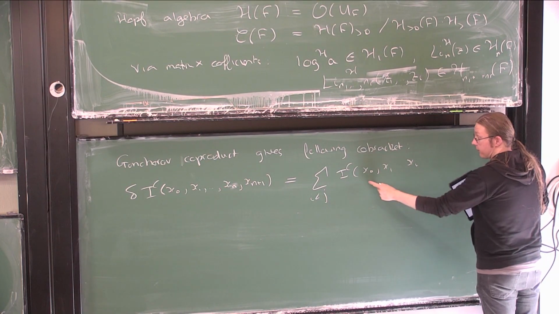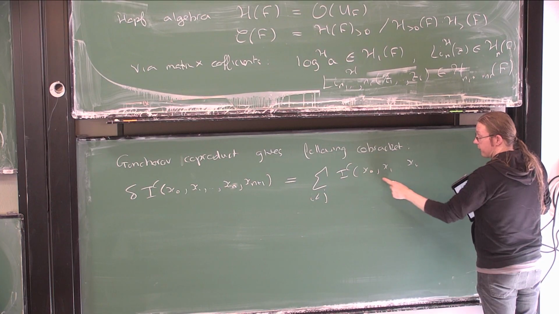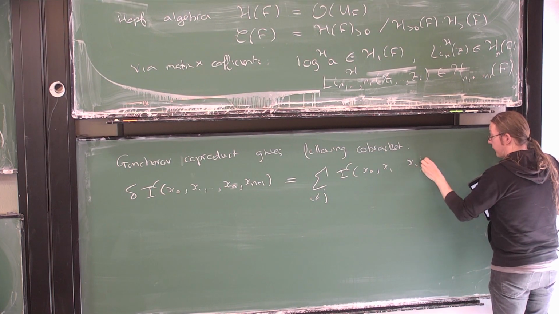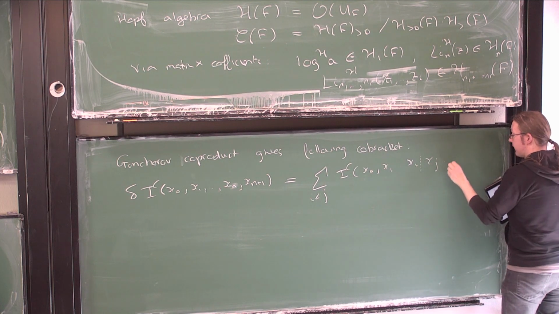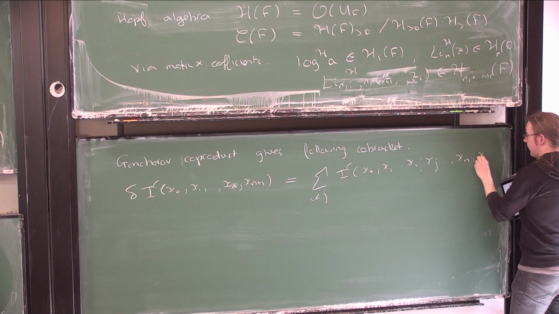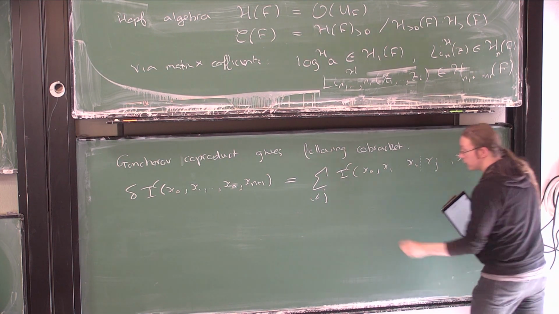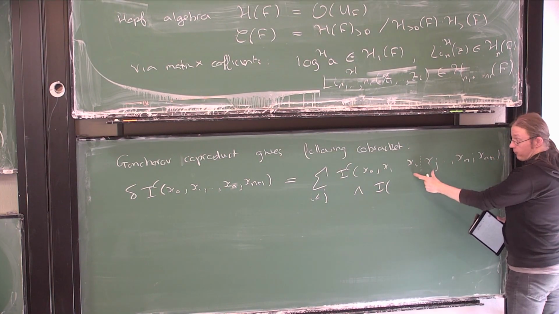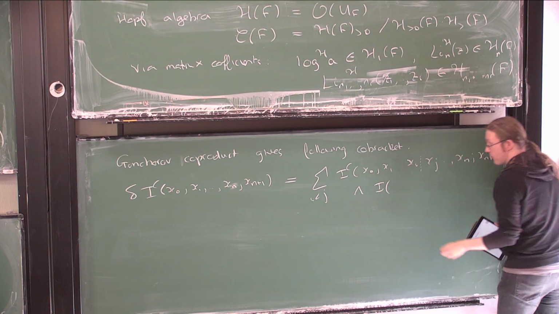So you take the integral from x0 to x1 to xi, make a cut there, then start from xj, continue to xn and then the upper bound of the integral, and wedge that with the indices from i to j that you removed.